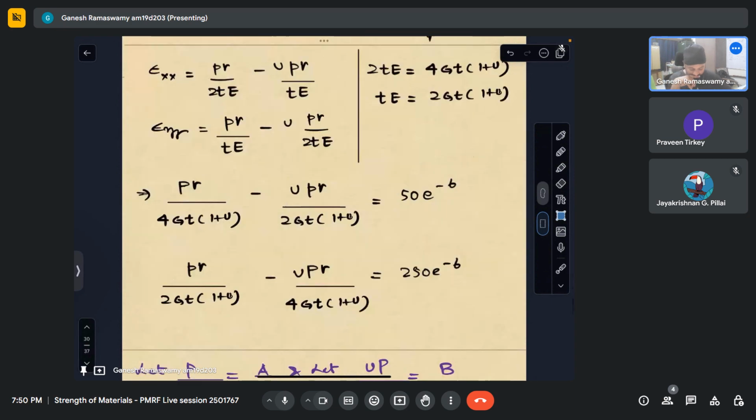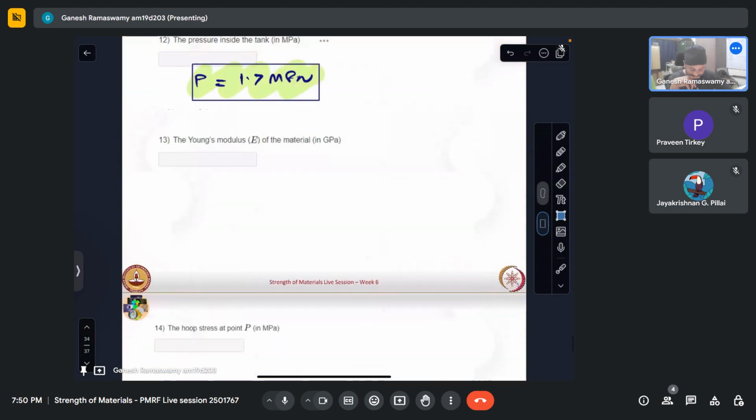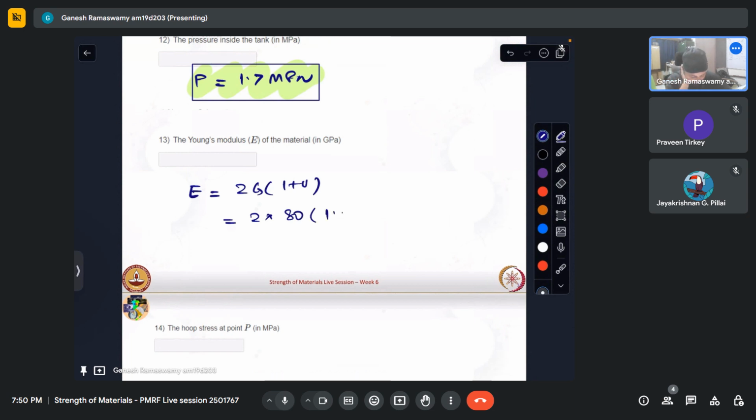The Young's modulus E, we know it is 2G into 1 plus nu, which is 2 into 80. Since it is asked in GPa, I am not putting 10 power 3. So this will come to 2 into 80 into 1.33, which comes to 212 GPa. This is our Young's modulus. What is the hoop stress?